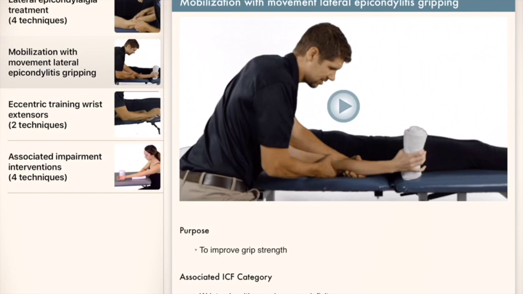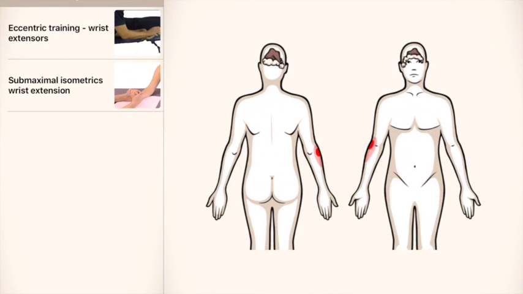And as the patient moves into a more chronic tendinopathy type condition, then eccentric wrist training can be used. Submaximal isometrics might be the more ideal manual therapy management in the more acute or reactive stage of the condition.